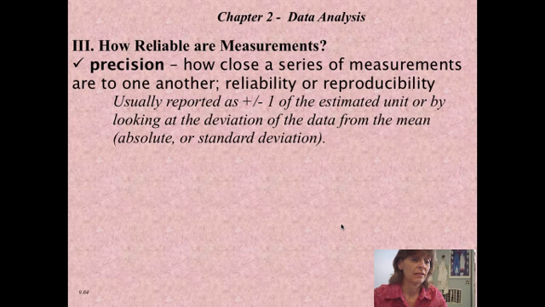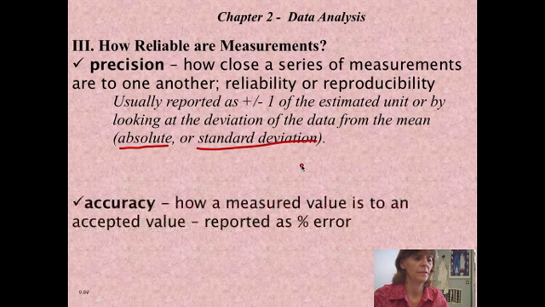And you usually compare it to the mean for deviation as an absolute deviation compared to the mean, or a standard deviation, which gets into a little more statistics. If you're interested in going deeper into that, you'll have the opportunity to do that.